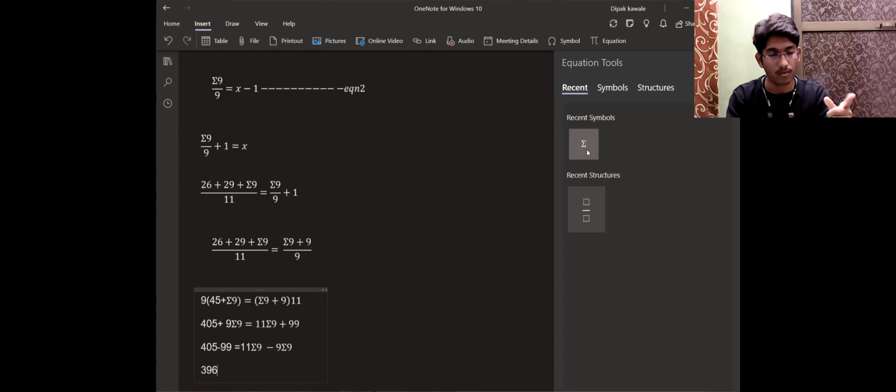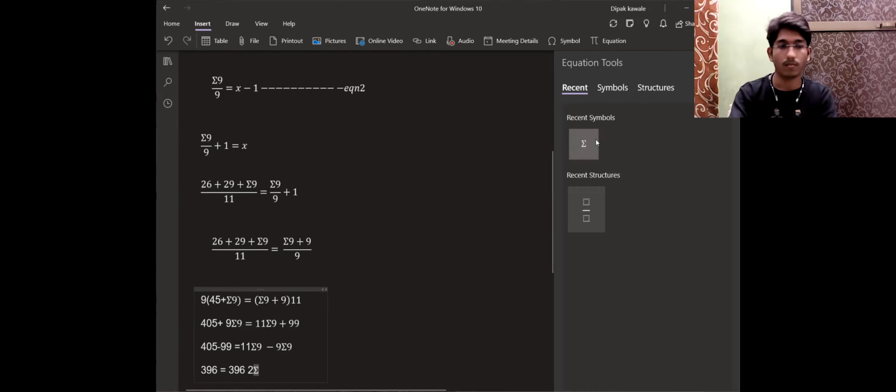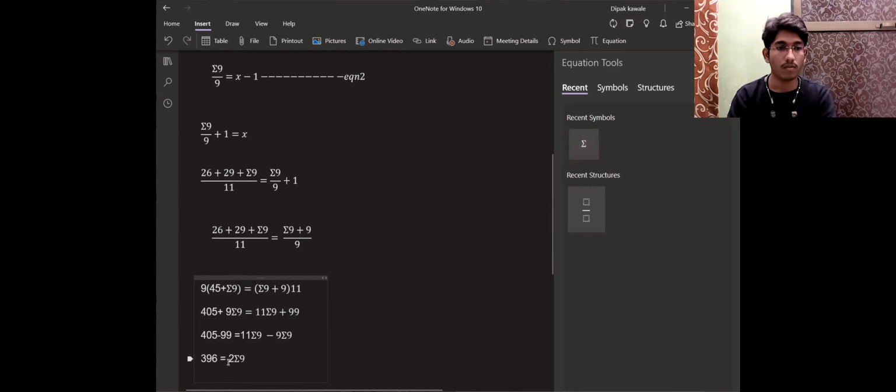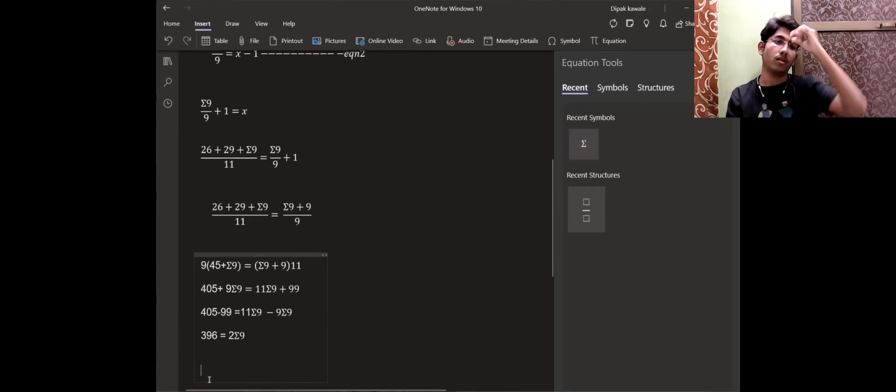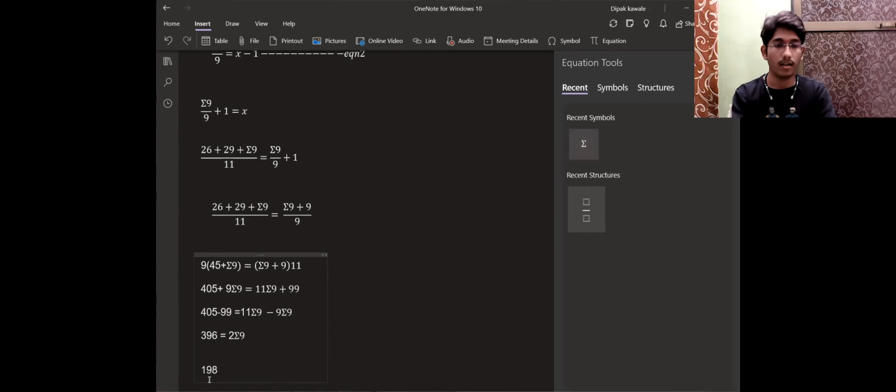So it becomes like 396, I think, and this becomes 2 summation of 9. If this 2 goes to this side, it will become 198.